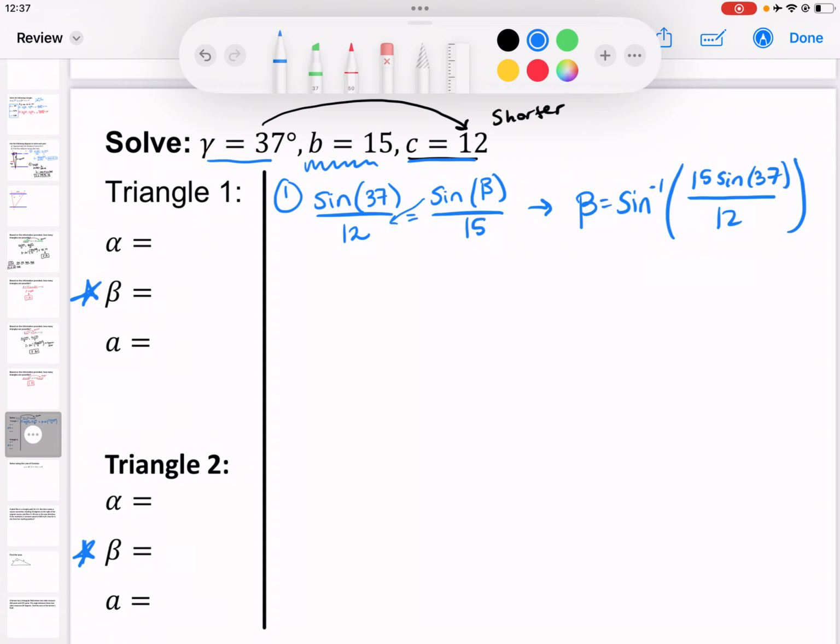Okay, so I'm going to type this in. I think I already have it typed in. I do. Okay, perfect. So we've got that beta is about 48.79 degrees.